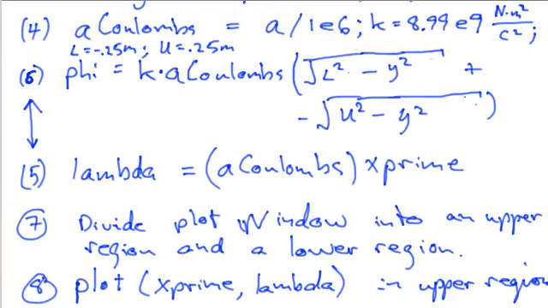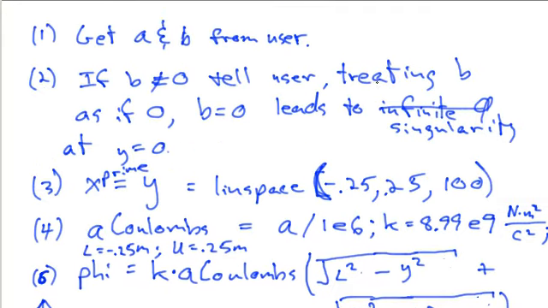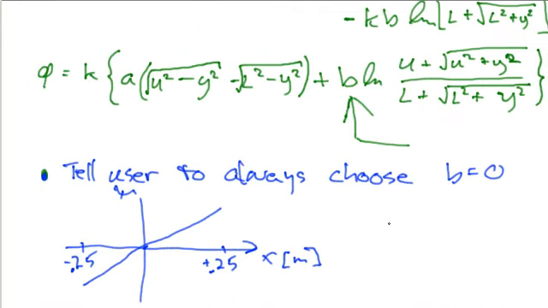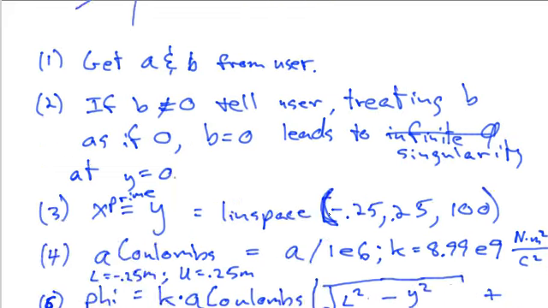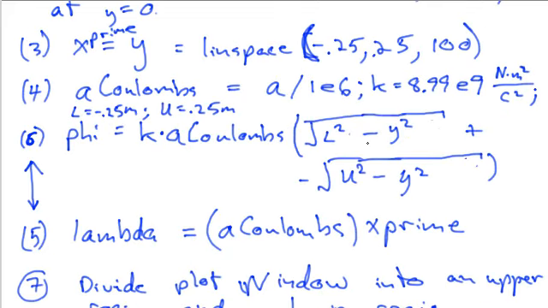Let's see, actually I have L first, and then minus that. I think that's a mistake. So yeah, this is the upper minus the lower. So let's fix that.